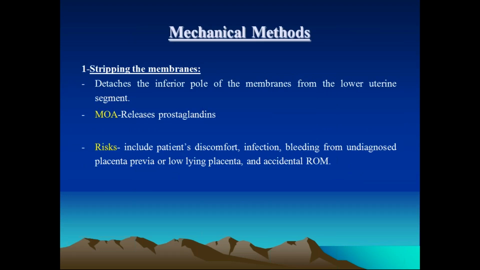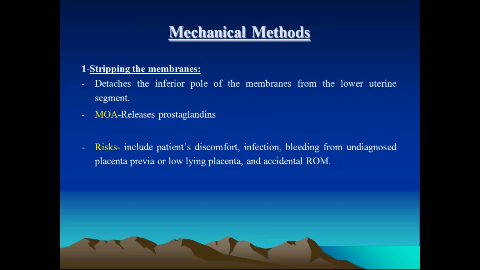And the next mechanical method of dilatation of cervix is stripping of the membranes. We'll detach the membranes at the level of the inferior pole from the lower uterine segment. So this will release the prostaglandins, and it will initiate the labor. And coming to the risks of the stripping of membranes, there will be patient discomfort.